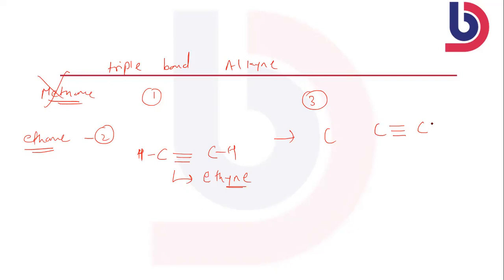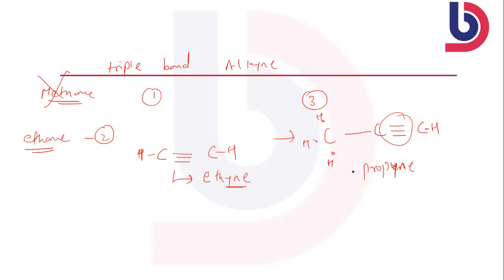Now here you can see that only one valency is remaining, so I can write only one H. Here there will be no valency, so no need to write any H. Here you have 3 valencies for hydrogen. Now if you have 3 carbons, then the name will be propyne, because I have introduced a triple bond.